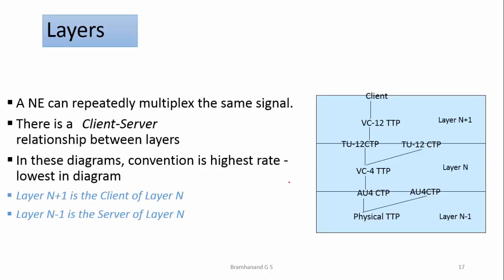SDH can repeatedly multiplex the same signal. It means that if I am putting my VC12 into my VC4, and VC4 into AU4, and AU4s into multiple other administrative unit groups, then SDH is multiplexing the same signal a couple of times.